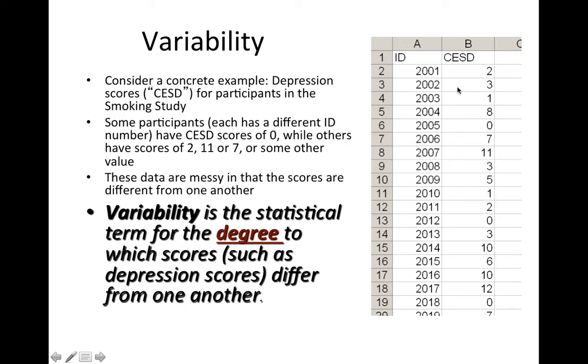Now, some participants have scores of 0, others have 2 and 11 and 7 and 13 or 12 and 1. So these data are messy in the sense that the scores differ from one another. The degree to which these scores differ from one another, the statistical term we use for that is variability. I'm emphasizing the word degree because what we're actually going to do is measure the degree of difference.